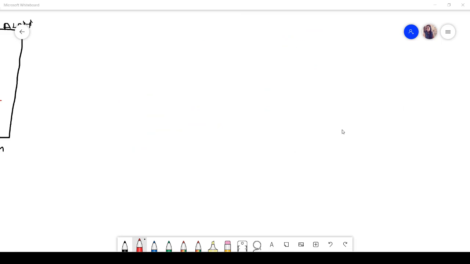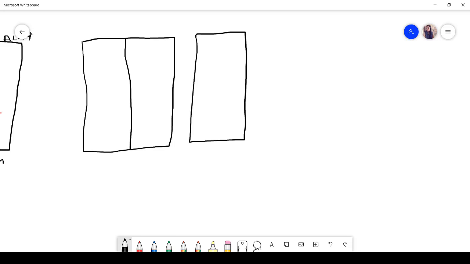Next, let's see the distal convoluted tubule. So this is the distal convoluted tubule and this is the peritubular capillaries. Here you see the lumen and the cell. In the distal convoluted tubule, you will have sodium.